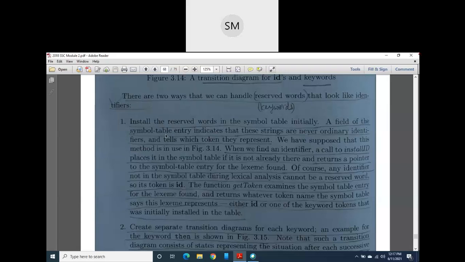Suppose if you have taken the small letter if as a variable in your program, then that if will try to be inserted into the symbol table, but if is already there as a keyword, so it will not be accepted as a keyword; it will be received as a variable or identifier. I hope you are understanding, guys.